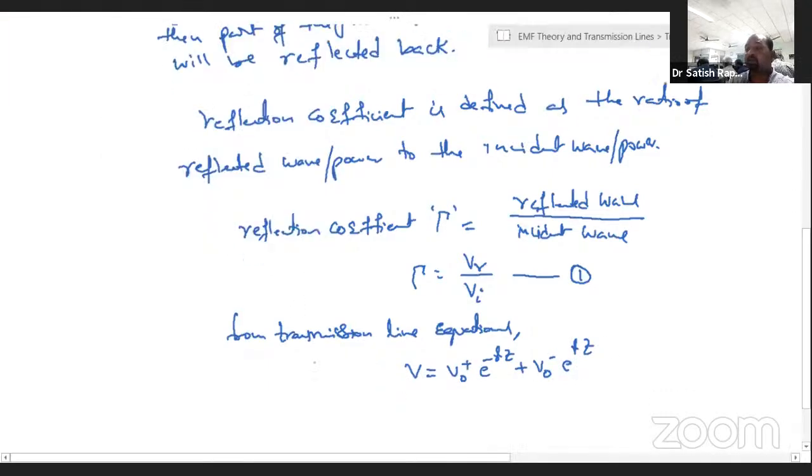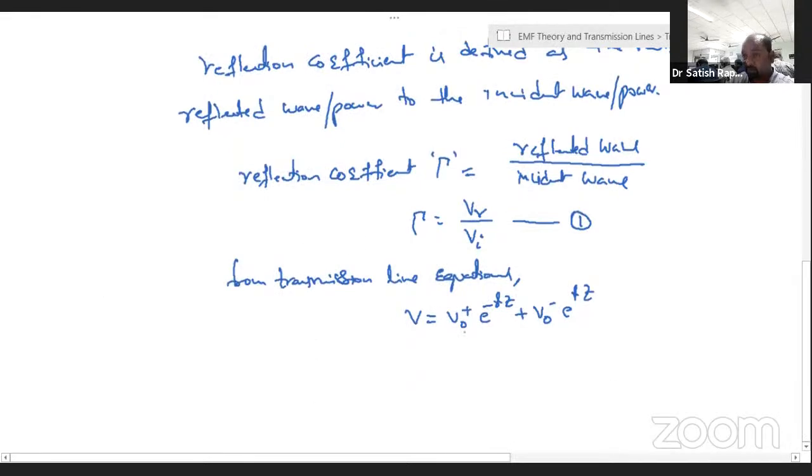Earlier I have given you that the first term is the forward voltage term, and the second term is the reverse voltage.